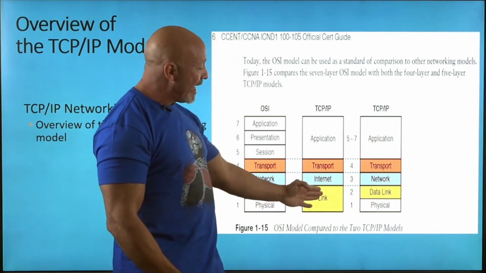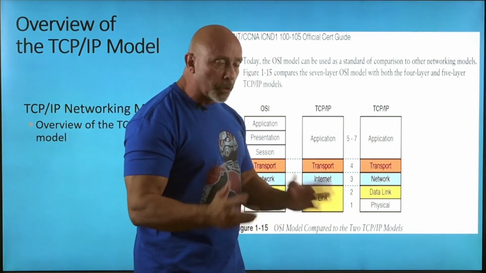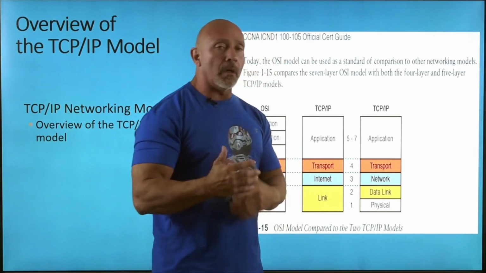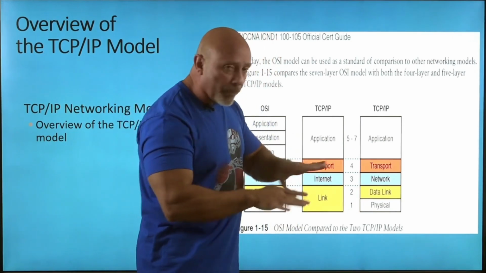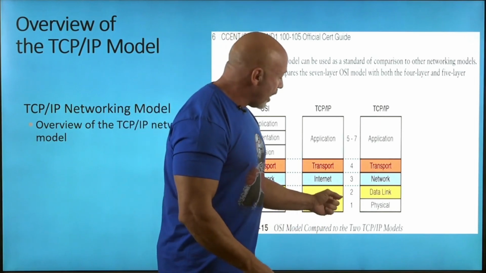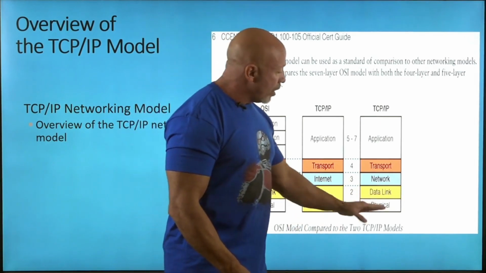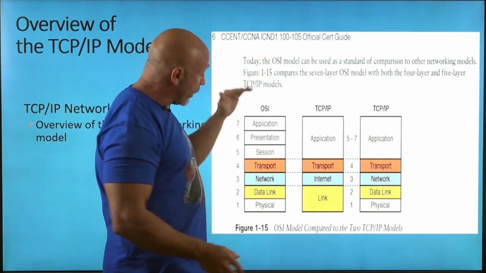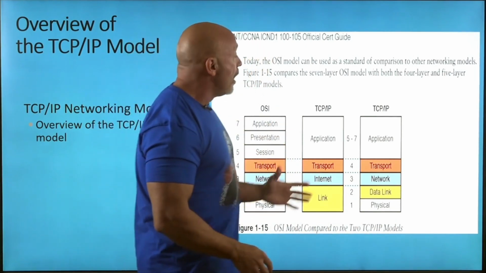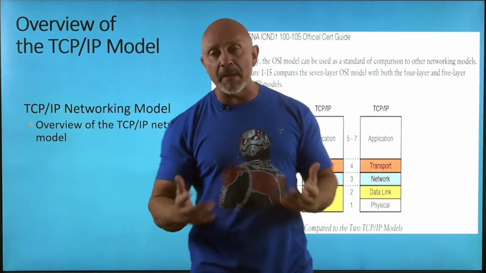They actually took the link layer and broke it up into 2 pieces, making it a little bit more, I guess, if you want to call it micromanagement, or more to separate certain things from just everything on the link layer. They want to explain things on the data link and then on the physical. So they're becoming like an OSI. But this is your TCP/IP model.